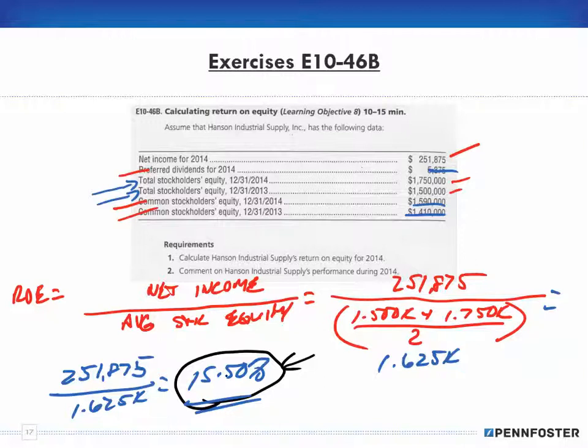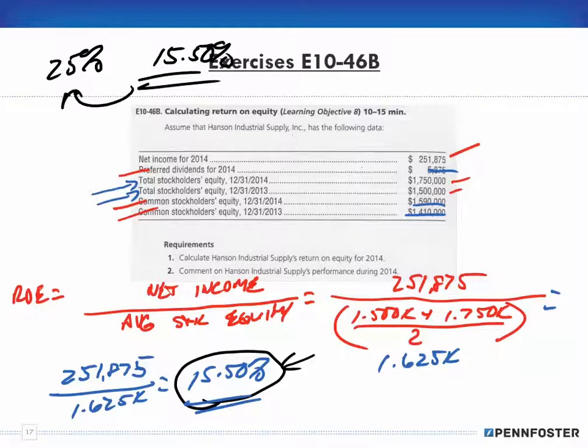When you're looking at returns on things, you need to compare to something else. So you need to compare the return on equity to previous periods. If in the previous period you were getting 25% and now you're only getting 15.5%, sure, you're positive, but you're not doing as well as you did the last period. So what does seeing 15.5% by itself mean? It means I got money back from my investment, and that's fine.